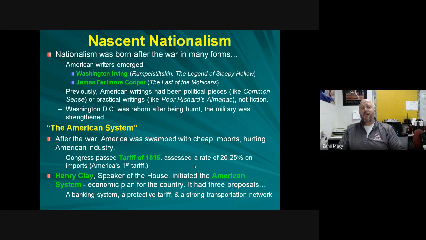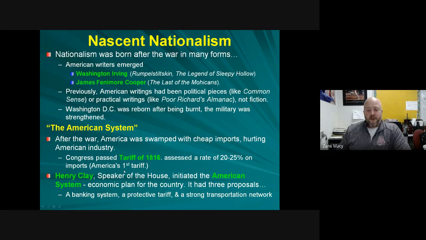Merchants aren't going to pay that tax and just take it as a loss. They're going to increase the price of that good to cover the tax they have to pay. So this is a way to protect American industry and American production by artificially increasing the prices of foreign goods by a quarter or a fifth, 20 to 25%.